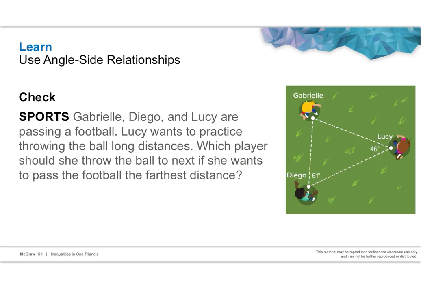Here in our example where we have some friends passing a football, it says Lucy wants to practice throwing the ball long distances. And so which player should she throw the ball to next if she wants to pass the football the farthest distance? Well, of course, we need to know the missing angle. So we will say that our angle at Gabrielle is going to be 180 minus the two angles we know, otherwise known as 73 degrees.